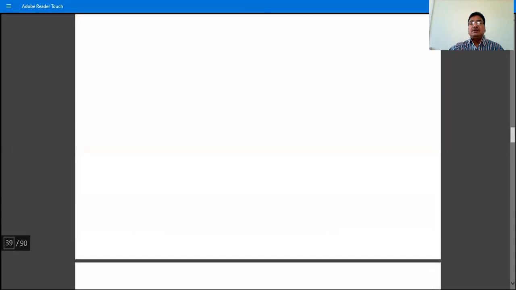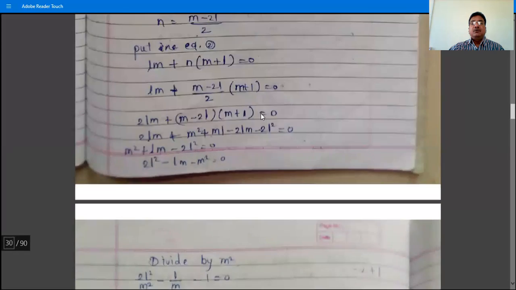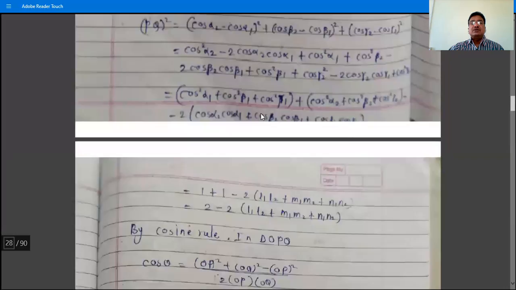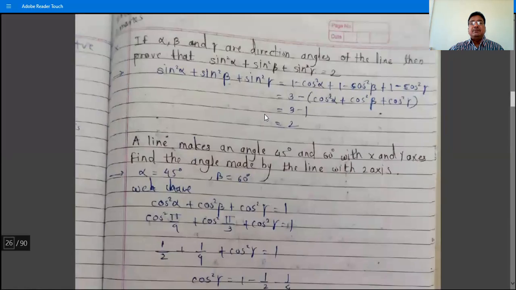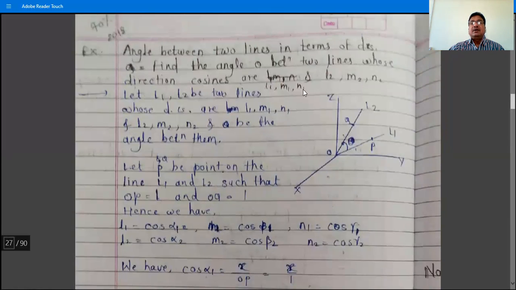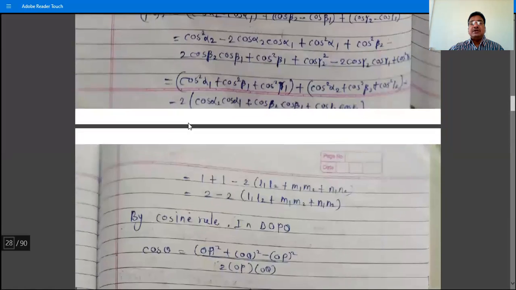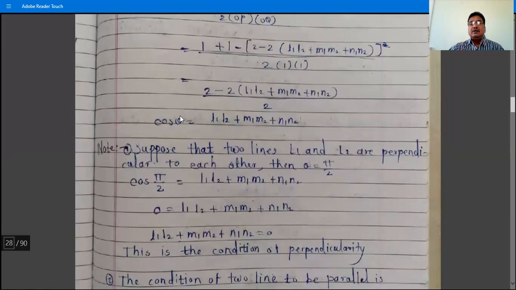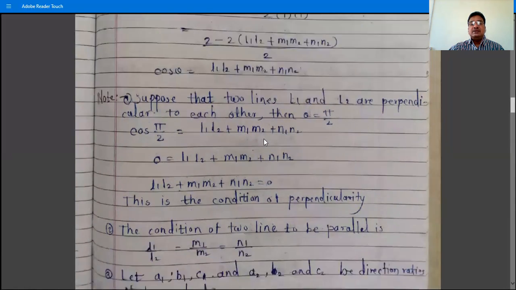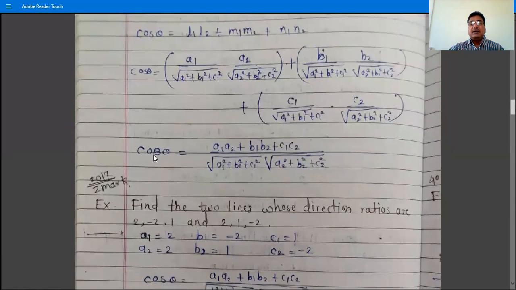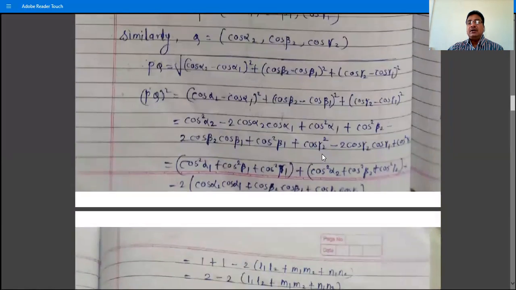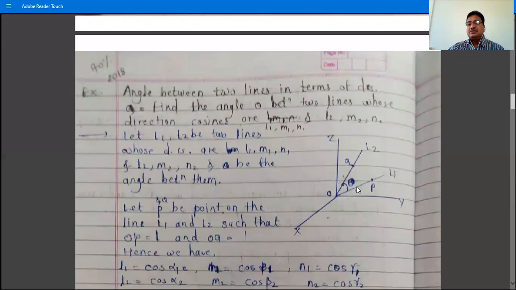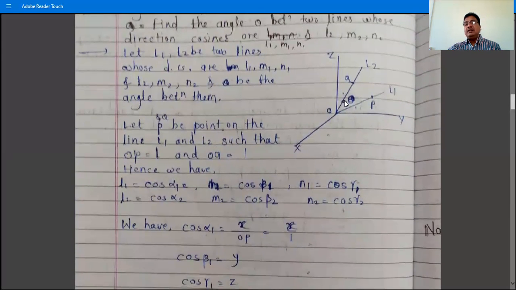In the first topic, the formula for the angle between two lines: cos theta is equal to a1a2 plus b1b2 plus c1c2, in terms of direction cosines, and in terms of direction ratios, cos theta is (a1a2 plus b1b2 plus c1c2) divided by the root of this. Here a1, b1, c1 and a2, b2, c2 are the direction ratios of the two lines, and theta is the angle between the two lines.